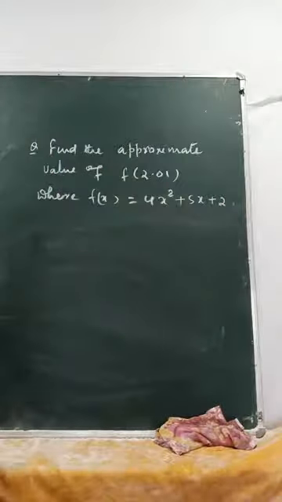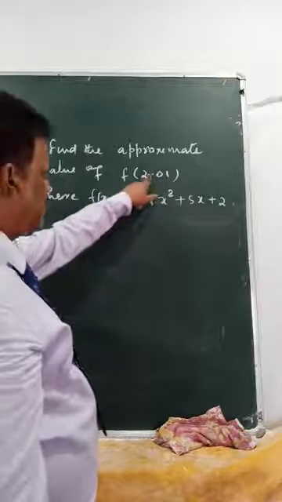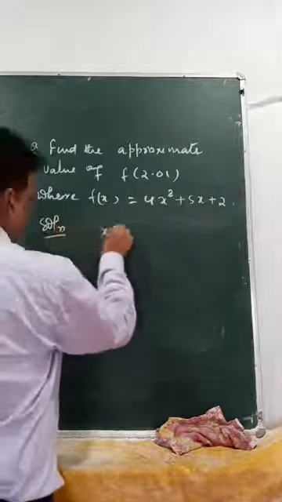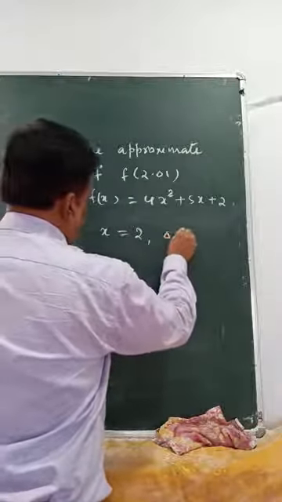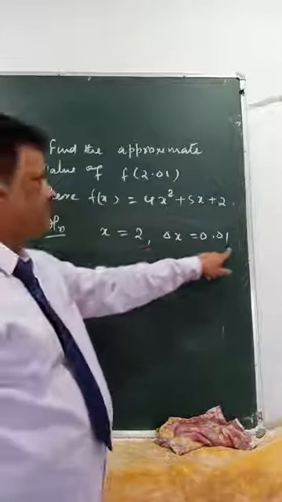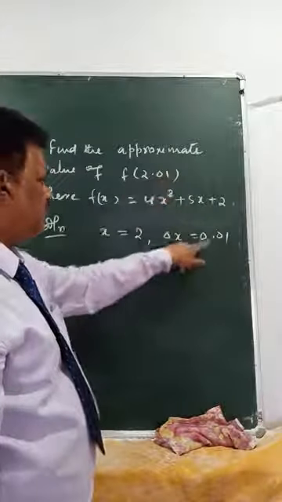Guess it. What could be x for us? So x will be 2. Delta x will be 0.01.